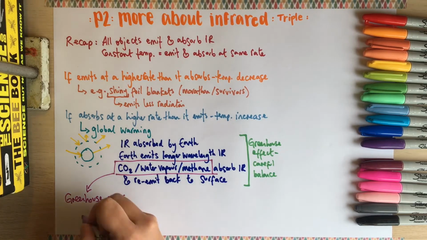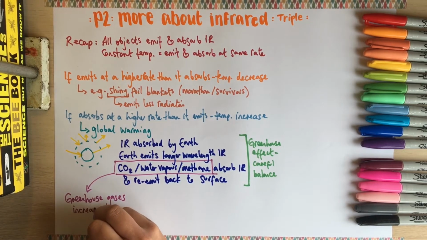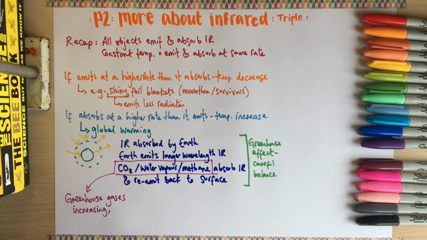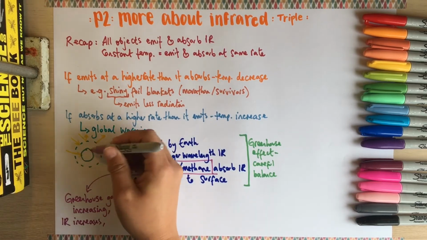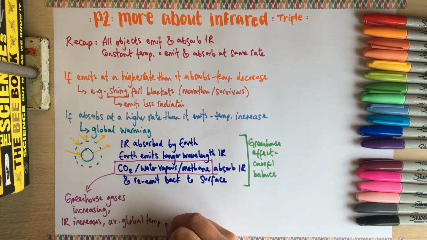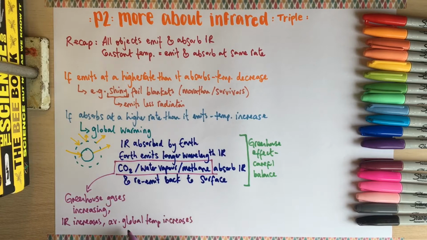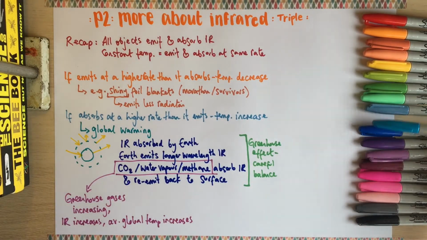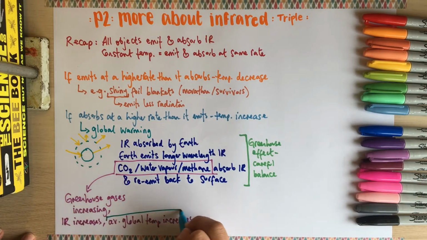And by them increasing, the amount of infrared increases on the Earth's surface, on the ground, and the average global temperature increases. Right, so the average global temperature increasing is what we refer to as global warming.